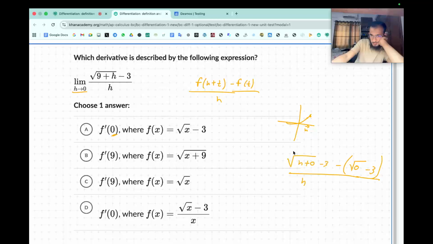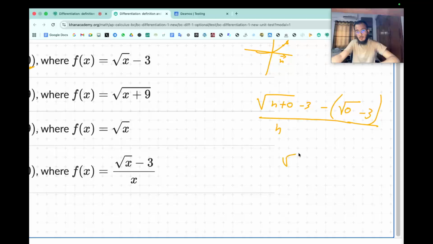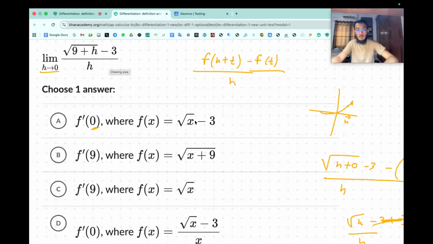Okay, entire expression h plus t, so h plus 0, entire expression, oh no, h minus 3. So what do we get actually? It's root h minus 3 minus 3, because this is 0, minus minus is plus actually. So we're only left with root h, but this doesn't match what we have here, so this can't be our answer.